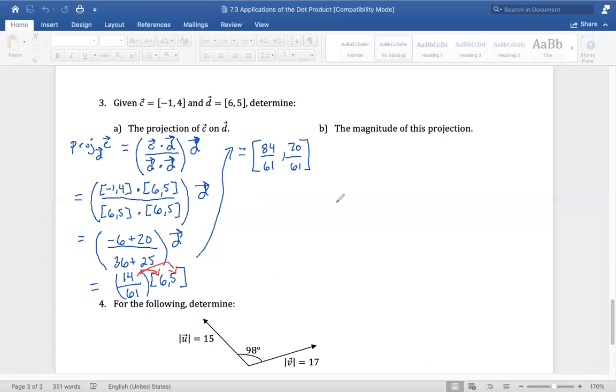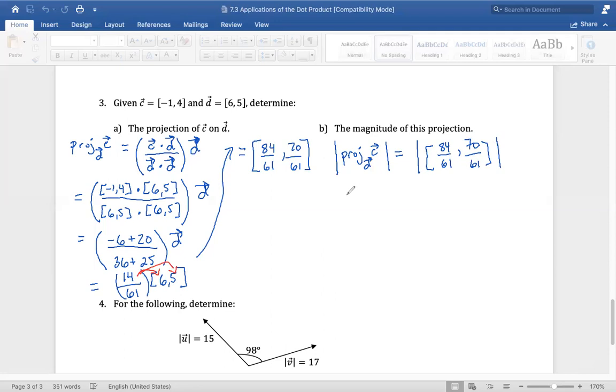So now to figure out the magnitude of this projection vector, I just put my absolute value sign, projection of the same C vector onto D, projection of C onto D is going to be the magnitude of my resulting vector. 84 over 61 and 70 over 61. There we go.